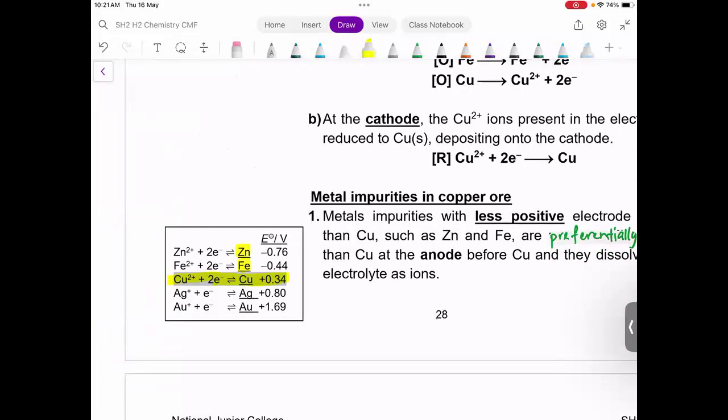While on the other hand, your gold and silver are more inert. They will not be oxidized, so they will drop down below the electrode as sludge. So they will remain as metal. They will not become cations.